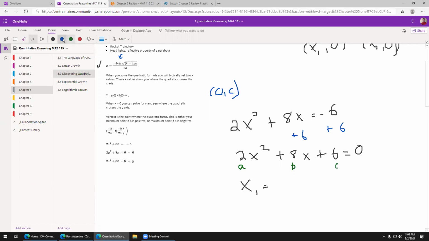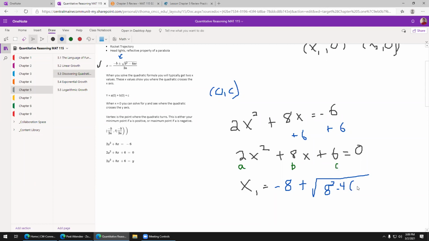So when I go to put this into my quadratic formula, I have negative b, so this becomes negative 8. And I'm going to do the addition one first, so plus the square root of b squared, so that becomes 8 squared minus 4. I'm going to put everything in parentheses just to save my handwriting.